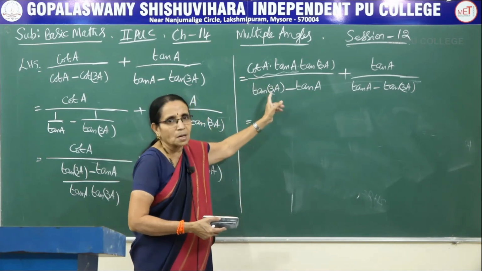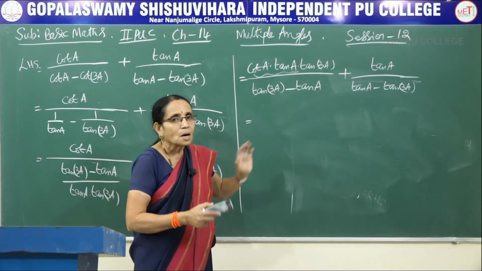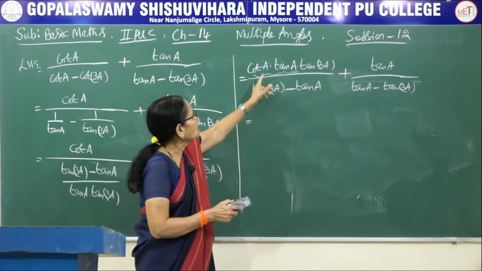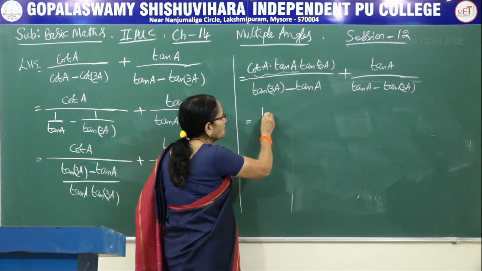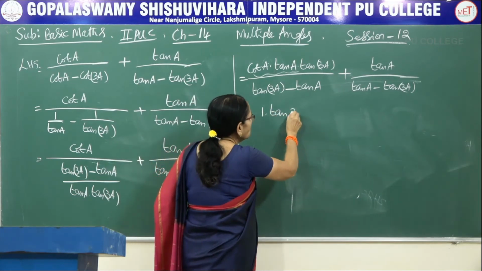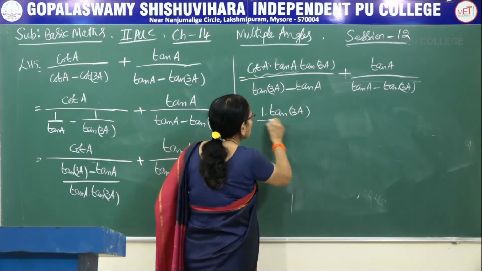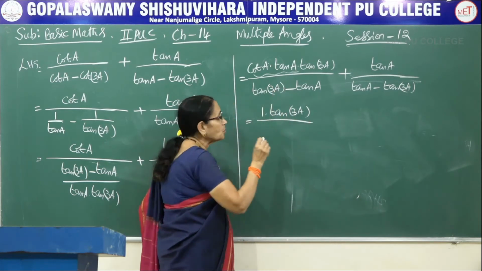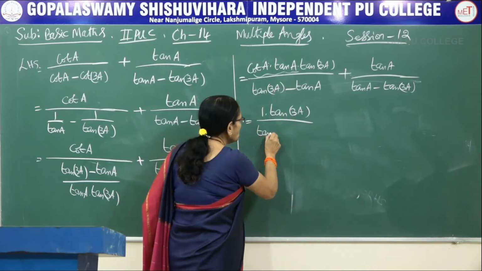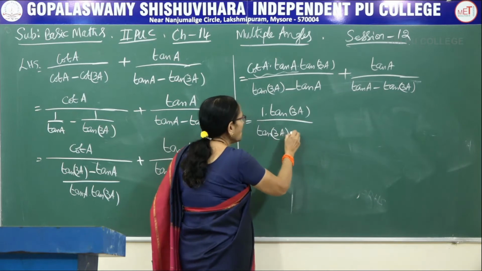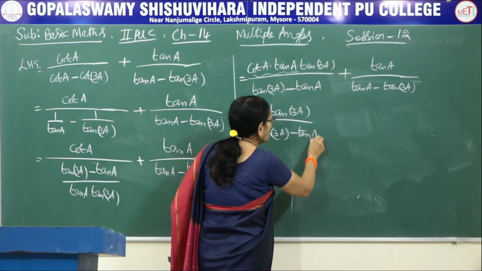Tan A is 1 by cot A, and cot A is 1 by tan A. Automatically, when you take the product, now the product would be equal to 1. 1 into tan of 3A. What is the reason you are giving? Because they are reciprocal ratios. Denominator tan of 3A minus tan of A.